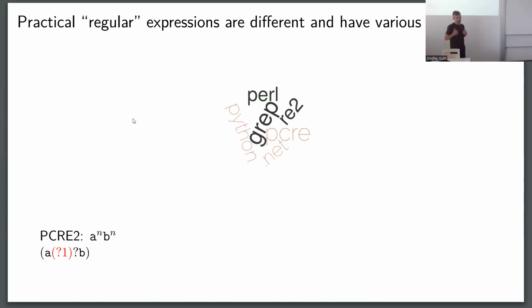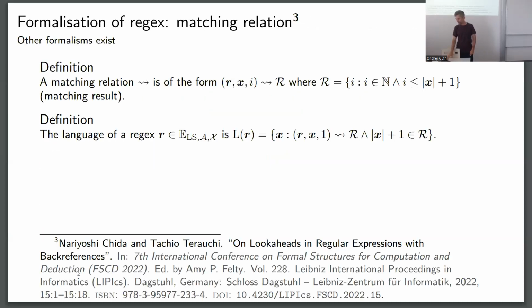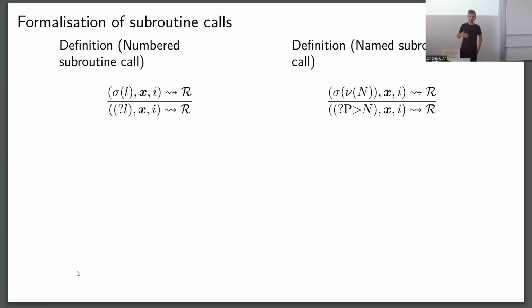Some example, yeah, this is subroutine call. So subroutine call means we match again some sub-expression from current position. So this means first pair of parentheses. When we hit this position, we basically start matching with this parenthesis again and again and again, because it's inside. So it is one way how to introduce recursion in regular expressions.